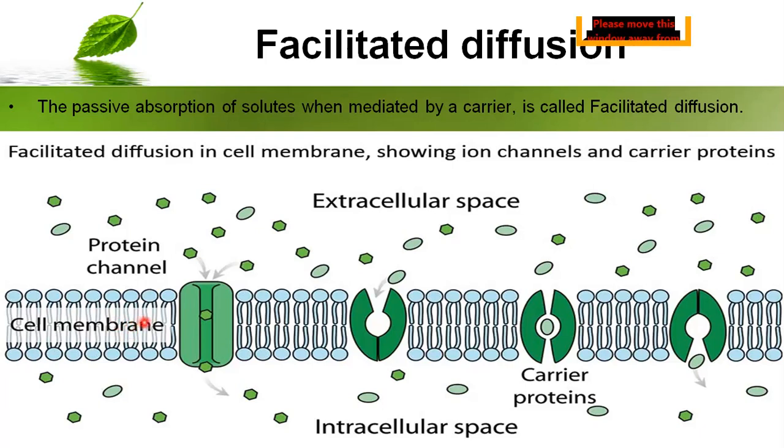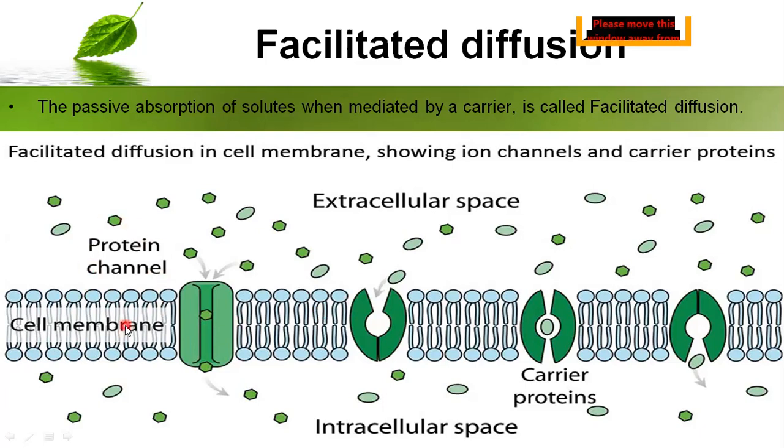It is very difficult for hydrophilic compounds to pass into the cell. So membrane proteins provide such sites for facilitated diffusion. To make the diffusion easy, the membrane protein is very important. These proteins are aquaporins, which pass water molecules, and ion channels are here.